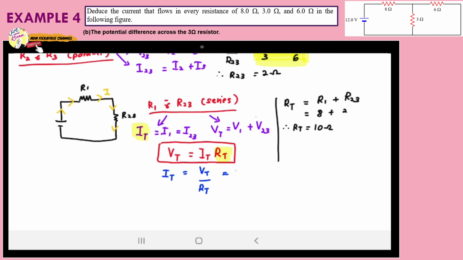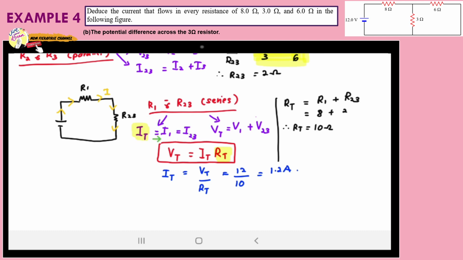So it's equal to 12 volt over 10. Therefore, I total is equal to 1.2 ampere. Okay, sekarang saya dah dapat I total. So saya get back to our notes here, yang warna purple sini tadi. So I total is equal to 1.2 ampere. So get back to our notes, in purple color here, where I total is equal to I1 is equal to I2.